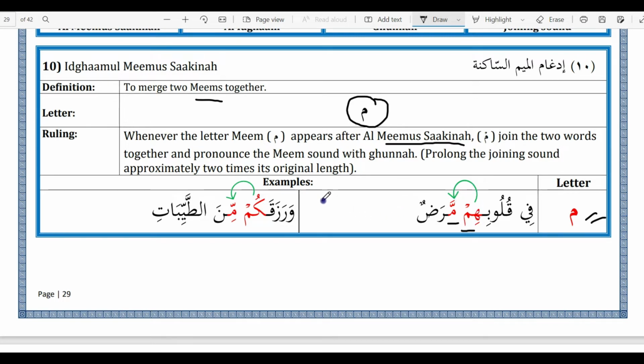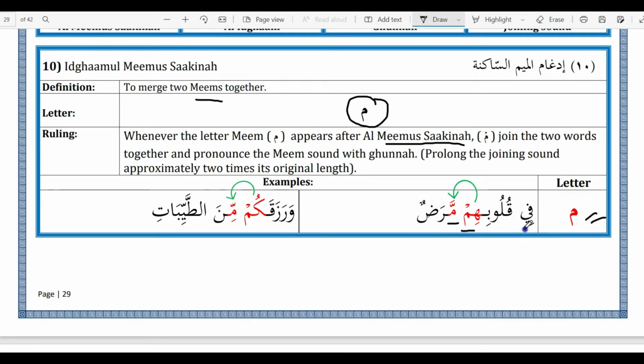The second part, we said we have to prolong the joining sound approximately 2 times its original length, so that him sound, we have to say him, fi qulubihim marad.